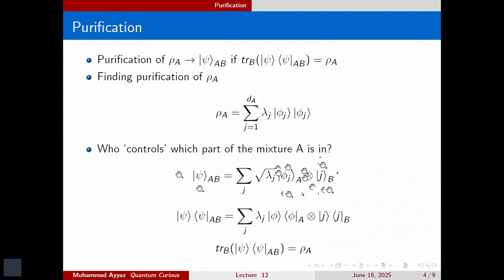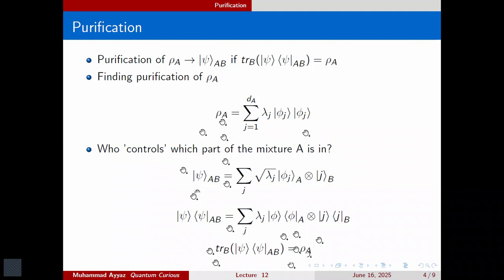And the whole state is a pure state, and that is why it is called the purification of the reduced state. So if we calculate the density matrix of the whole state and take the trace over B, we get back the reduced state we started with initially.